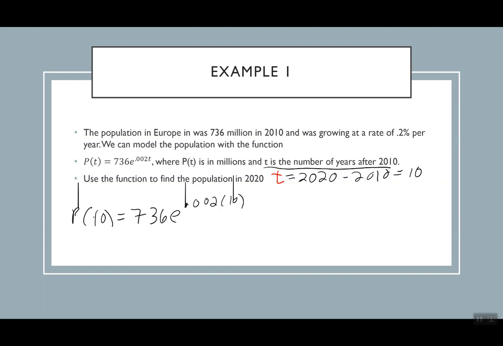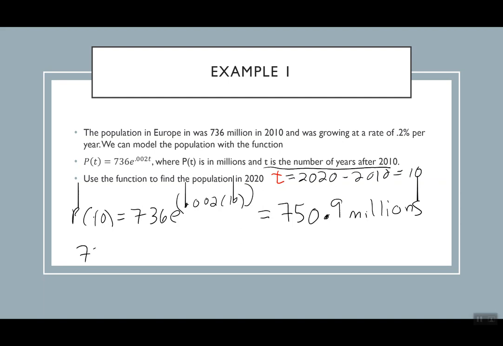I'm going to give this to 1 decimal place. Know that homework assignments will tell you how many decimal places you're supposed to use. So I get 750.868, so to 1 decimal place that would be 750.9. Remember, this is in millions. If you're not getting this number, you may need to put parentheses around this.